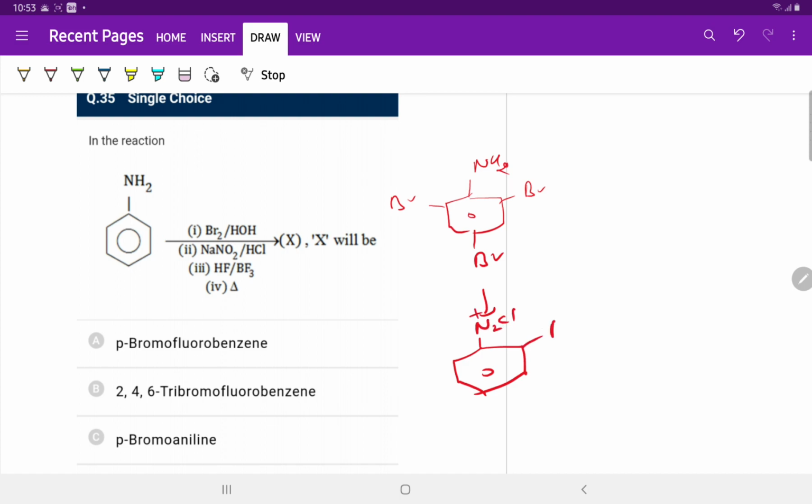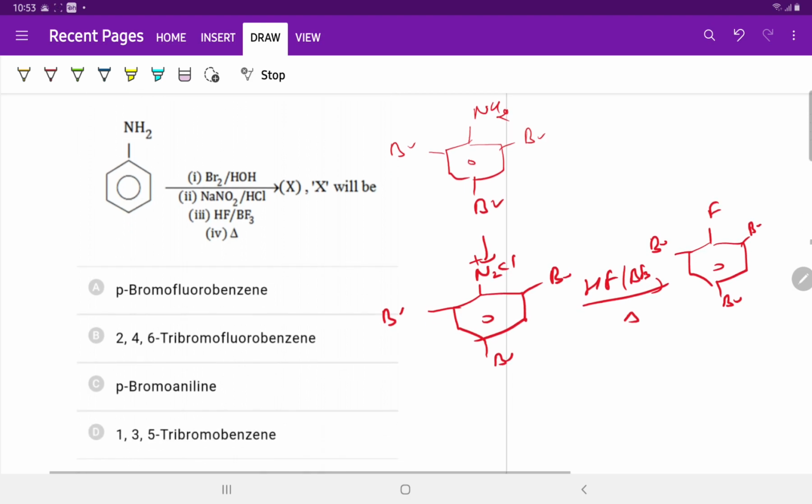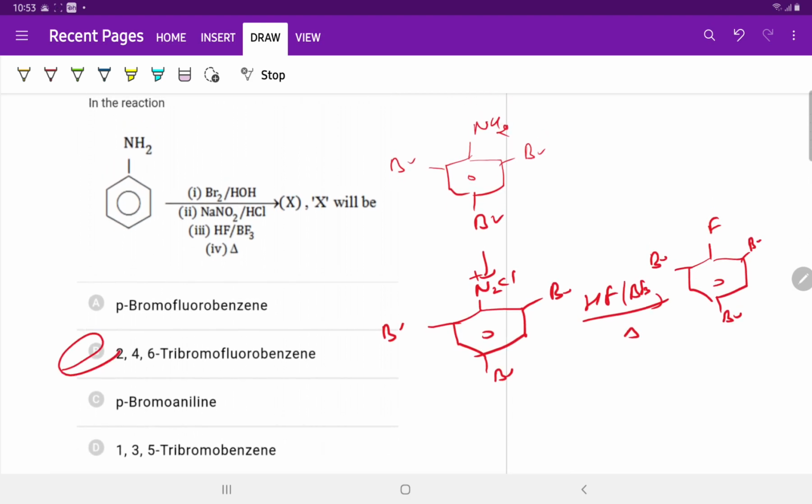Diazotization takes place, giving N2+ and Cl-. Then the Balz-Schiemann reaction, HBF4, then heating, N2+ and Cl- is replaced by fluorine. So the product is this, 2,4,6-tribromofluorobenzene.